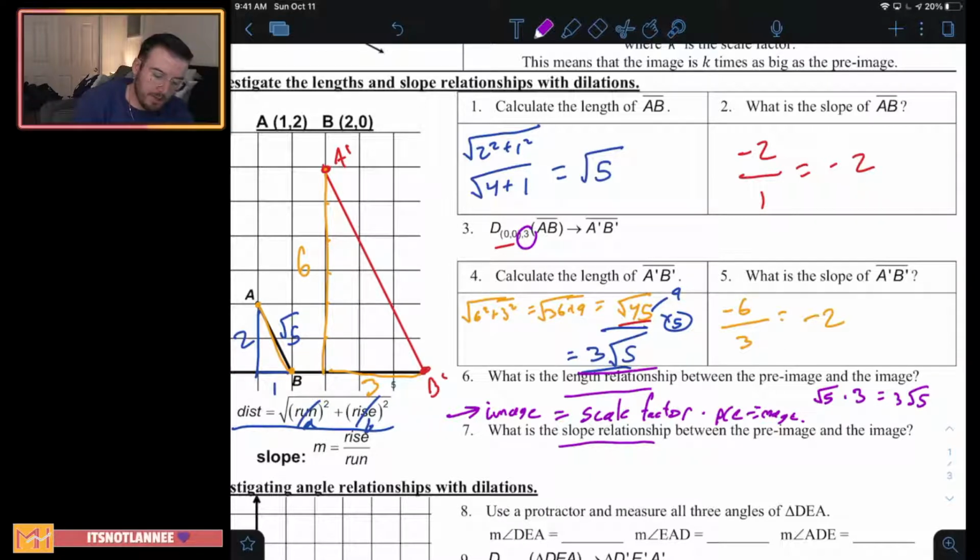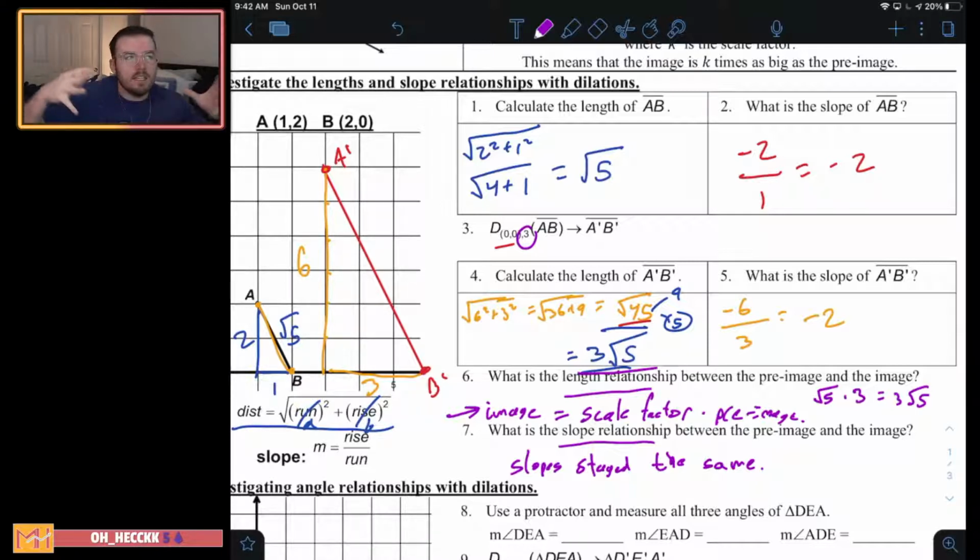But what was true about the slopes? Slopes stayed the same. And that's something that's a pretty big deal about dilations, and you've probably already picked up on that. Clearly, distances are changing when we shrink or enlarge. That's pretty obvious, that the length of the side is going to change.